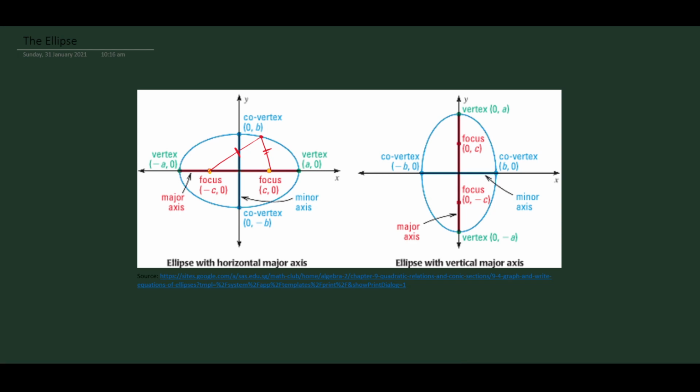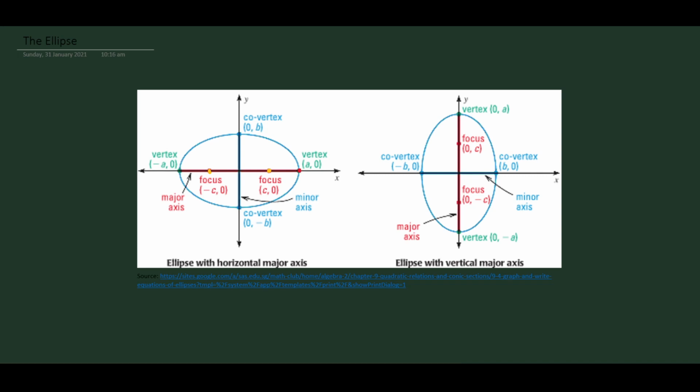If we select a point right here, this is another part of the ellipse called the vertex. We have two vertices here, one on the right in this case, and another one on the left, at negative a, 0.